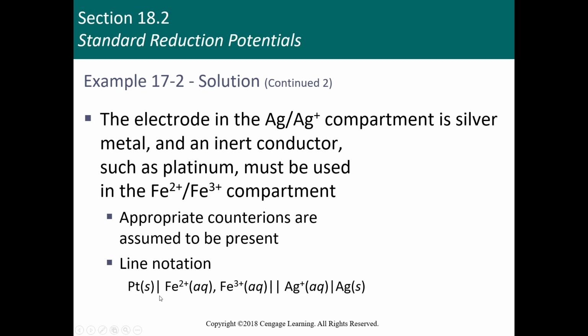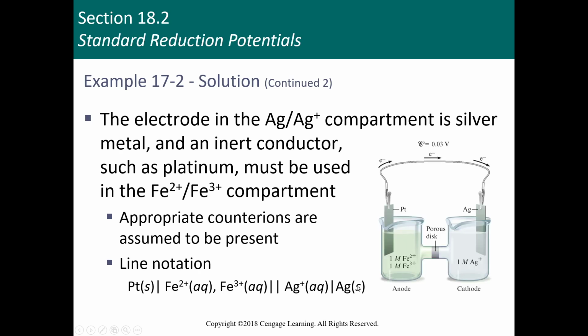Then we have a phase boundary, and Fe2+ aqueous going to Fe3+ aqueous. The other side, separated by our porous disc or salt bridge, is going to be Ag+ aqueous, phase boundary, solid Ag. And this is what it would look like.